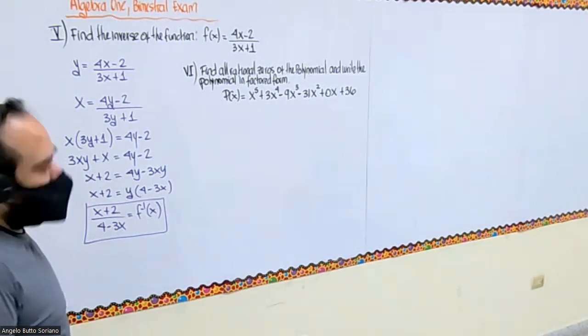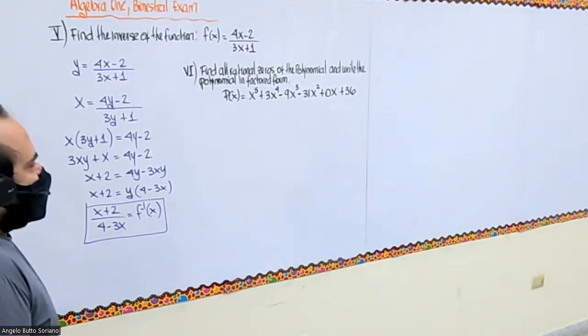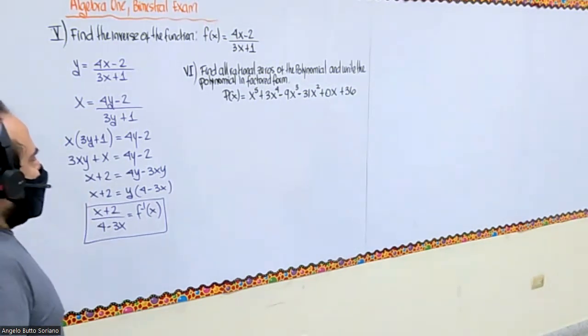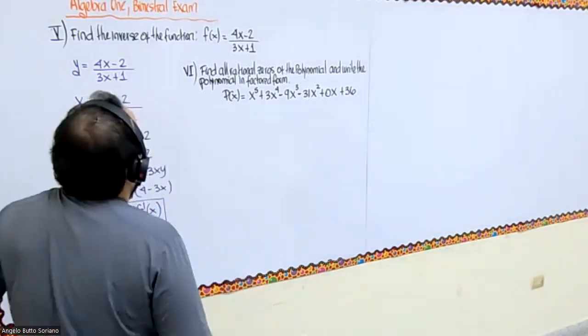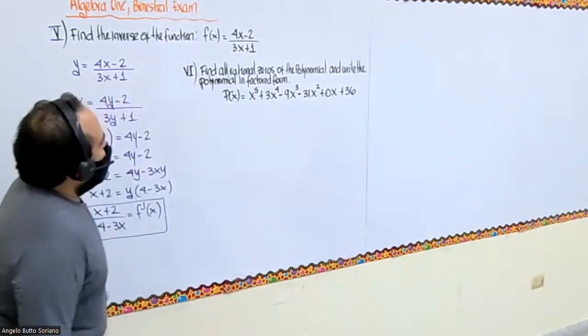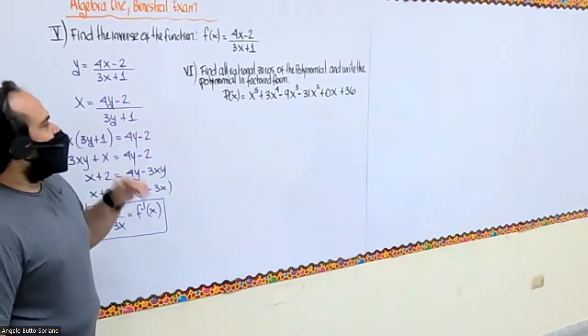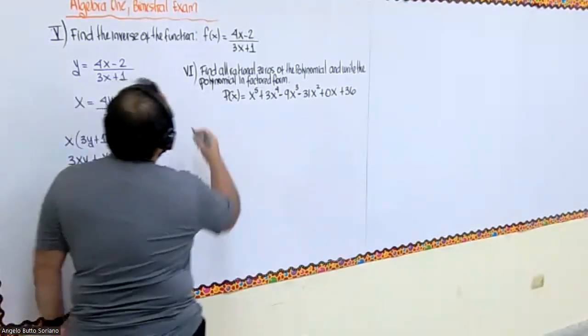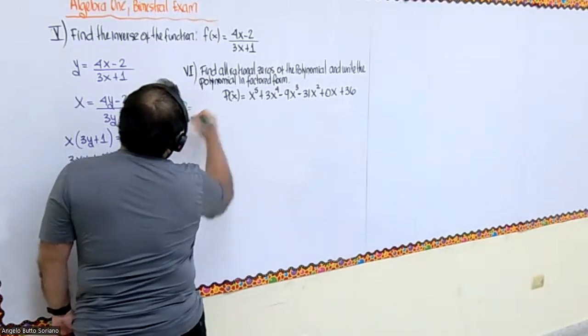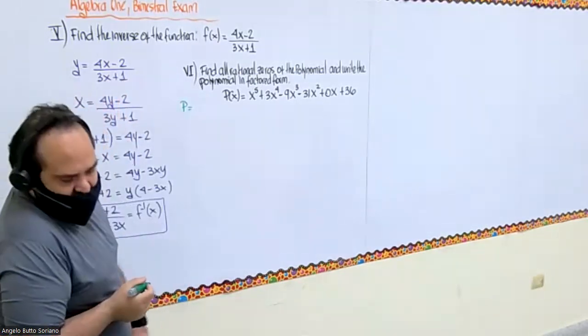Now we must determine what will be the p factors and what will be the q factors. I mean the possible combination of numbers that we must divide this polynomial by, using synthetic division. p will represent the divisors of 36.